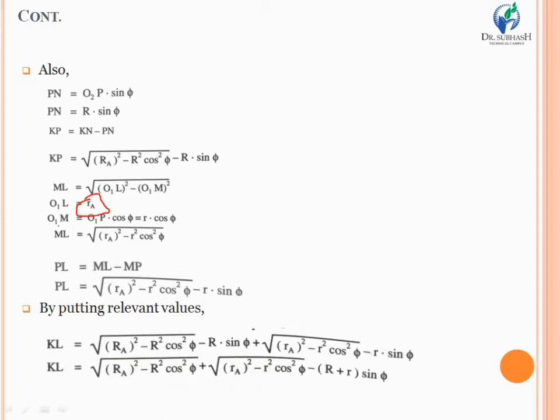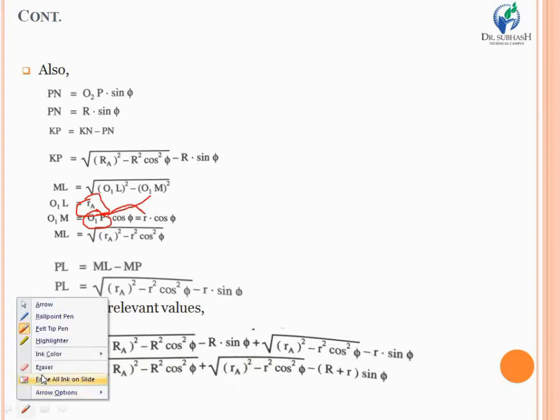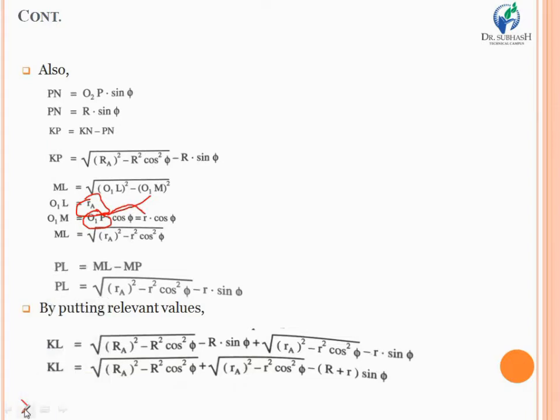O1M will always be equal to O1P cos phi, and O1P is again replaced by the small r. By putting that value over here and simplifying, you will have ML equal to under root RS square minus R square cos square phi.